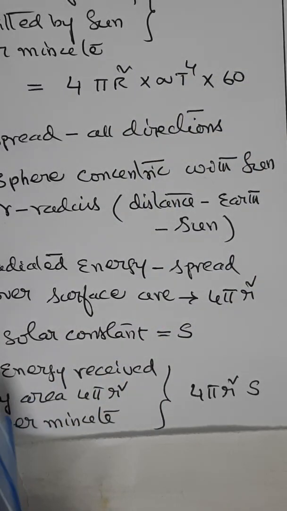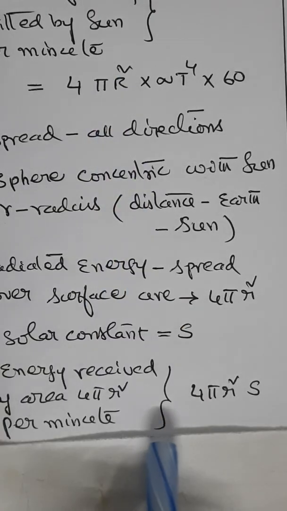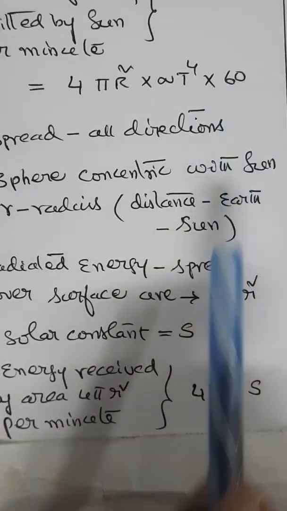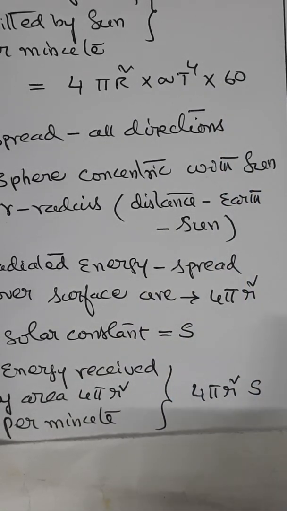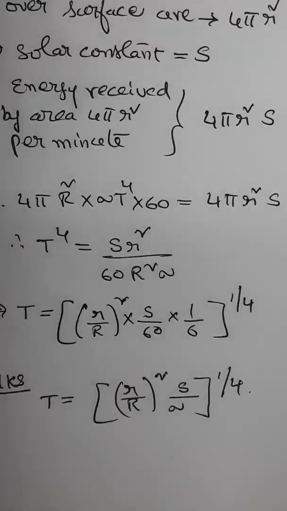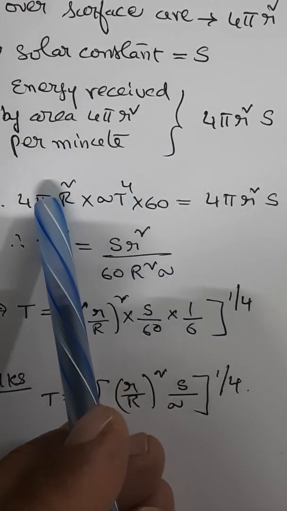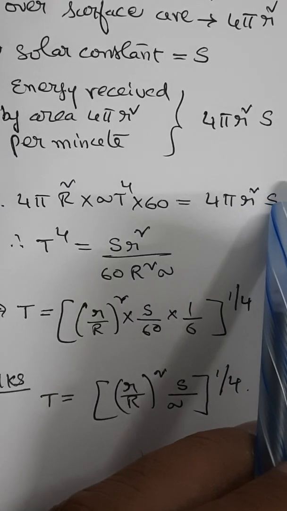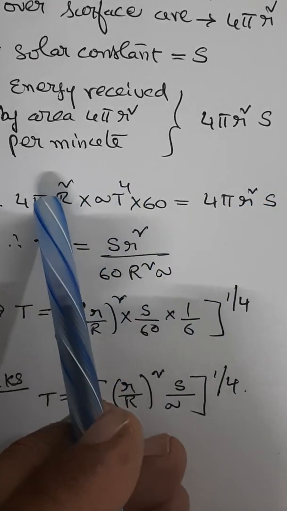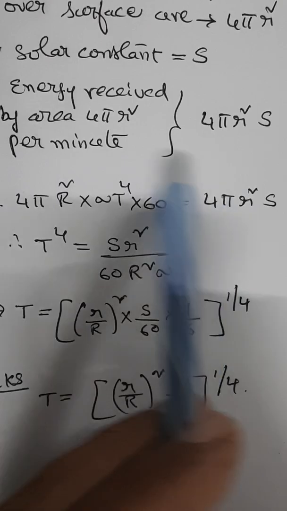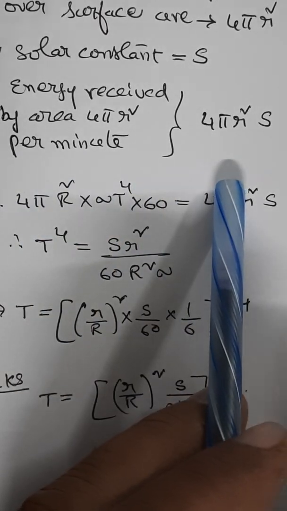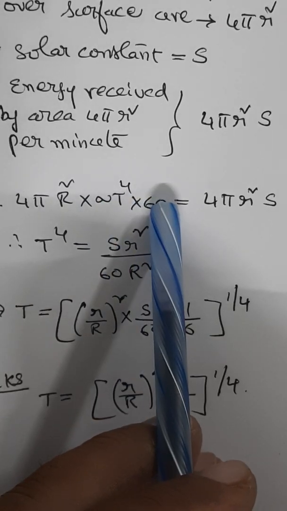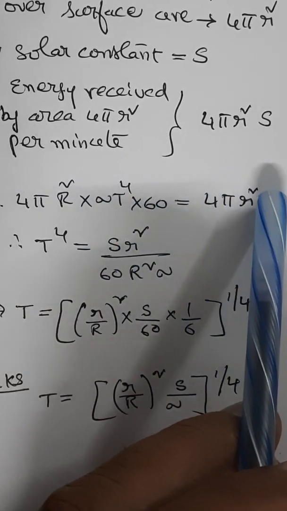That should be equal to the energy received by that area, 4 pi r square S. So by equating that, we get 4 pi R square into sigma T power 4 into 60 equal to 4 pi r square S. Now, mathematically, we can strike off 4 pi on either side, and you will be left with capital R square sigma T power 4 into 60 on the left side, and on the right side you have small r square S.